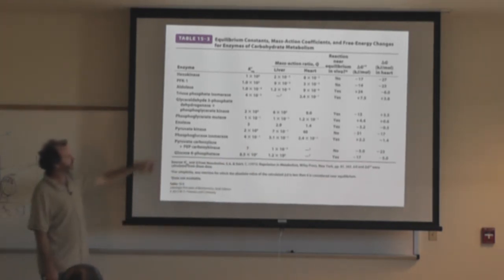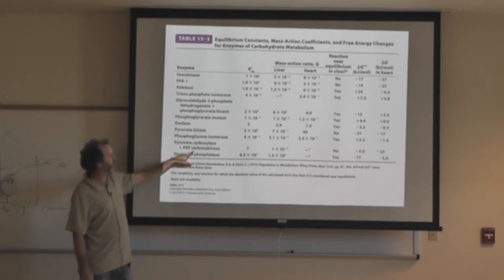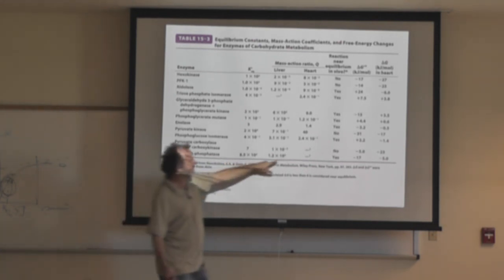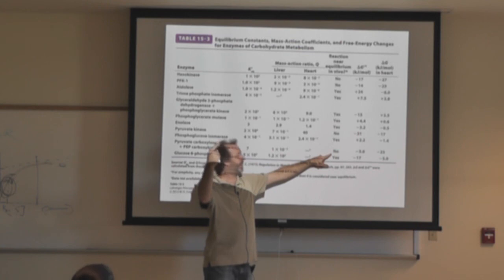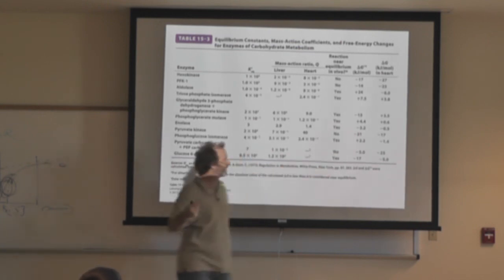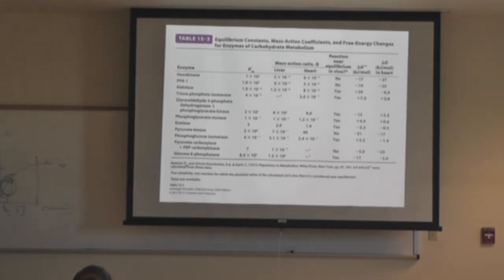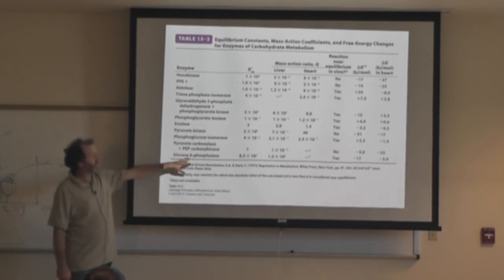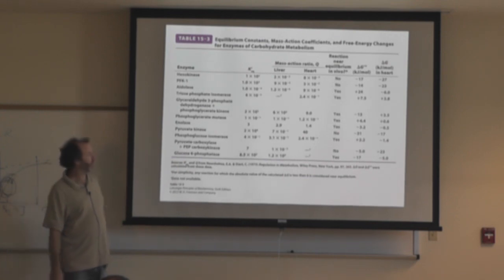And then for pyruvate carboxylase and phosphoenolpyruvate carboxykinase, again, that's gluconeogenesis, taking pyruvate to make PEP, and that's heavily regulated, not near equilibrium also. And then glucose 6-phosphatase, that's near equilibrium, but you're only going to find this in the liver and in the kidneys.